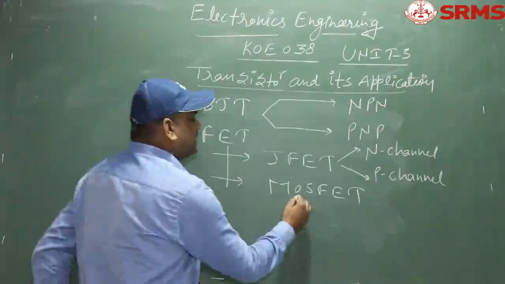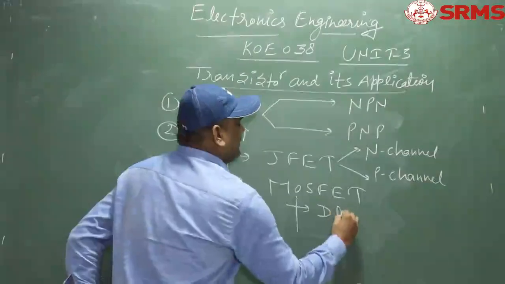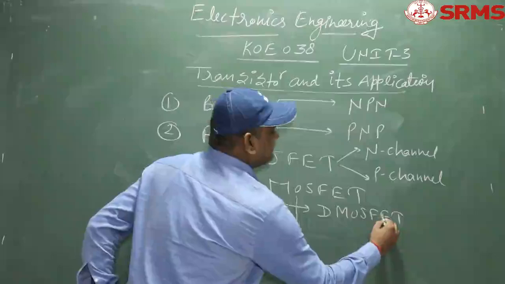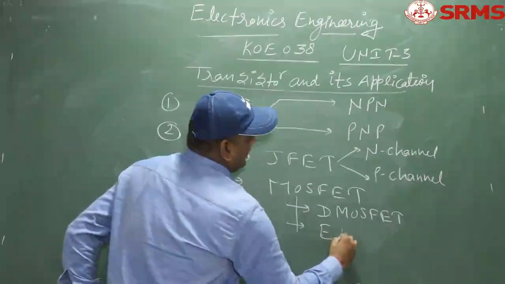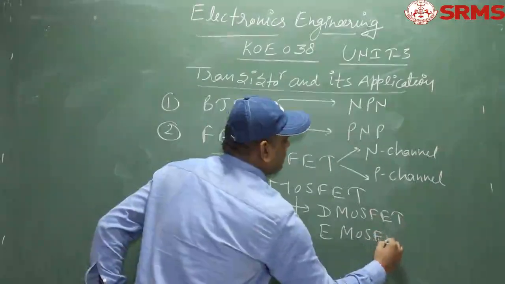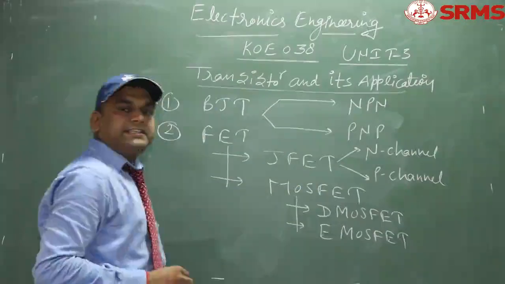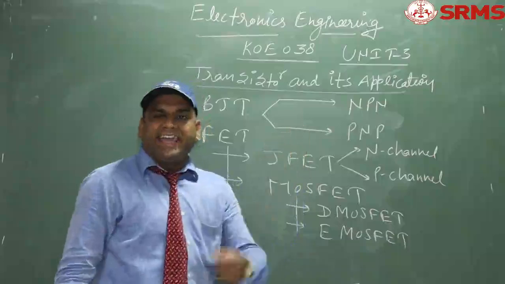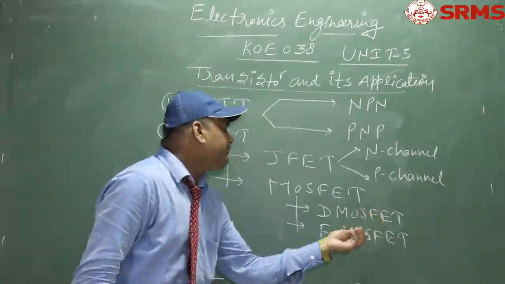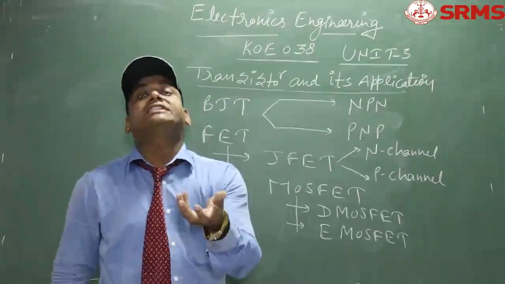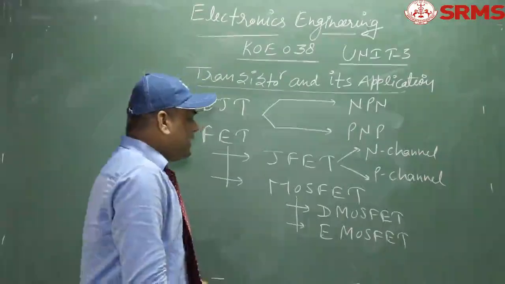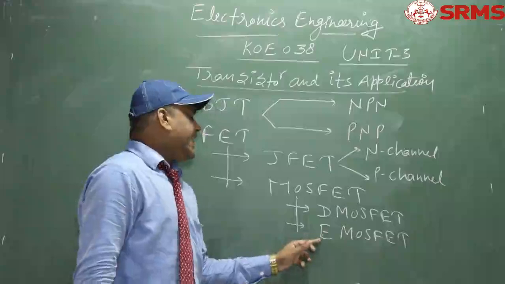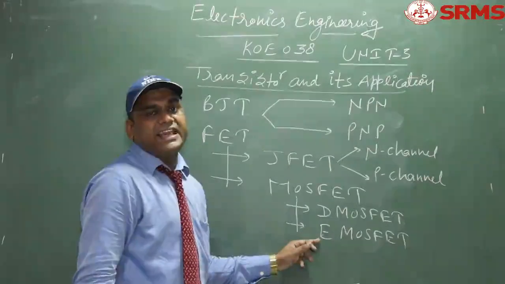Similarly, MOSFET can also be classified as D MOSFET and E MOSFET, where D is the depletion type MOSFET and E is the enhancement type MOSFET. Again, you can classify D MOSFET and E MOSFET depending upon the channel being formed. So further we have N channel and P channel D MOSFET, and N channel E MOSFET as well as P channel E MOSFET.